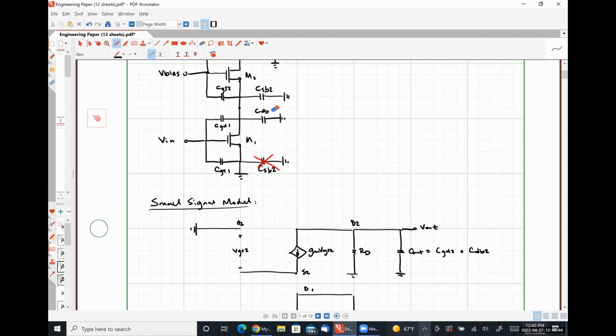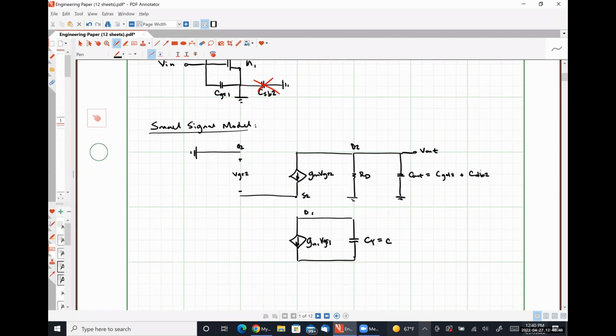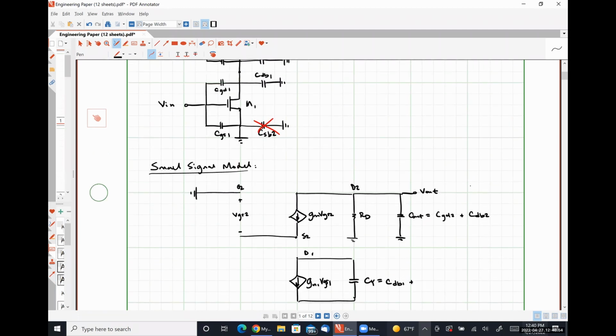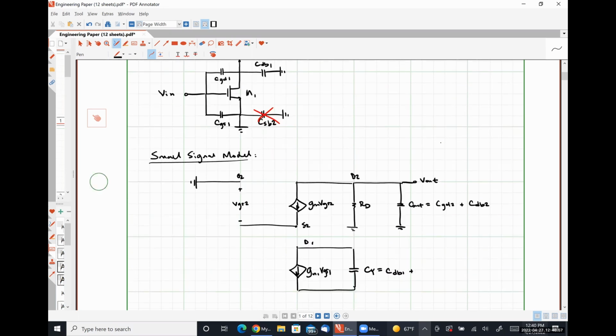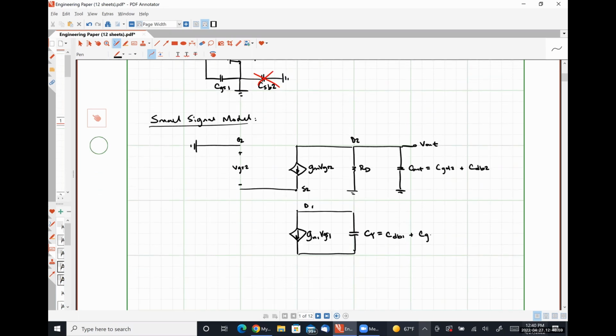That's why I was confused. This should be CDB1 since it's for transistor M1. I apologize about that. CDB1 in parallel with CGS2 in parallel with CSB2.